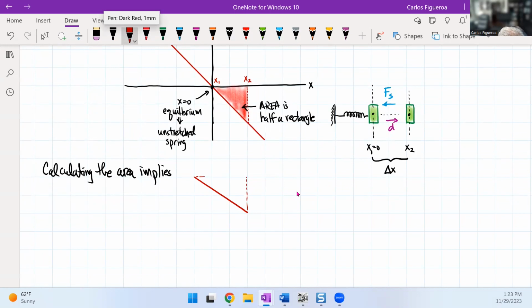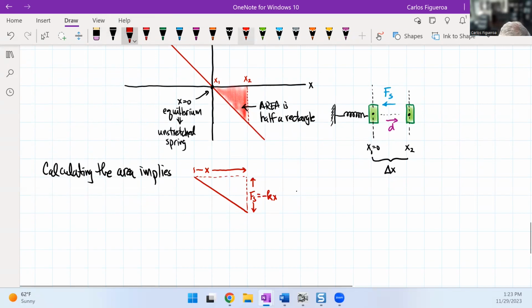And what I'm seeing here is that I have moved this thing a distance x from there to there. And this height change is negative because this is the spring force, which is minus kx.